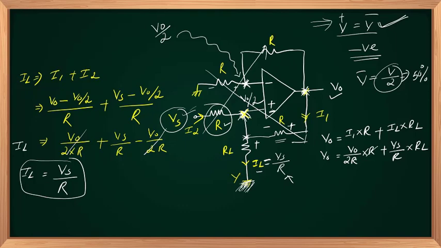So this will get cancelled. So V out minus V out by 2 will give you V out by 2 on the left hand side. That's equal to Vs upon R multiplied by RL. That implies V out is equal to Vs times RL upon R.